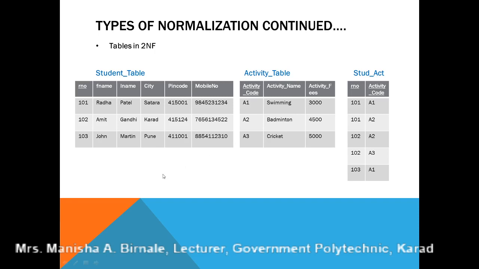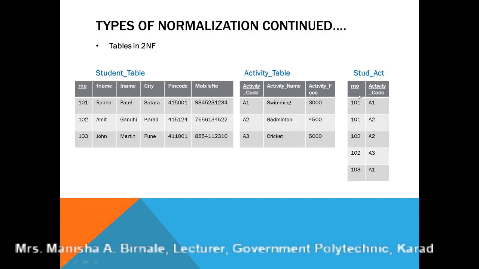Now, when primary key is a simple primary key, means it is not composite, when primary key is non-composite, then that table is already in second normal form. Here primary key is non-composite, means it is composed of only one attribute. So this table is in 2NF. This is also in 2NF.